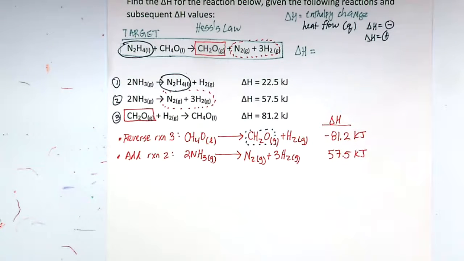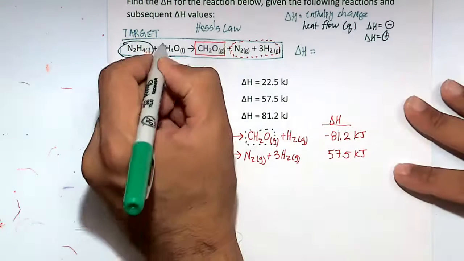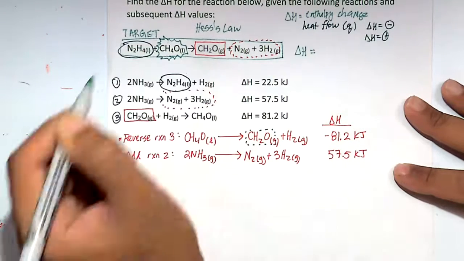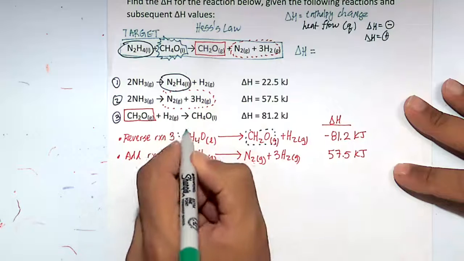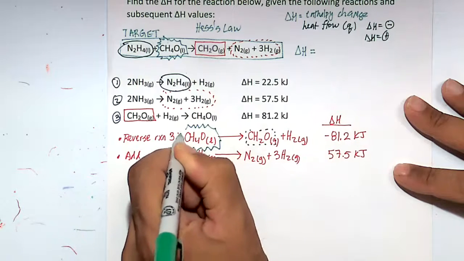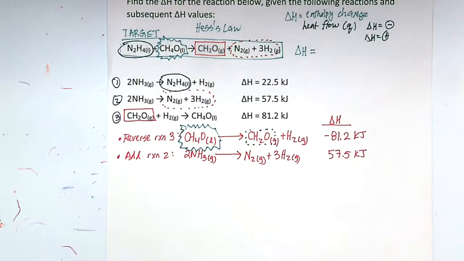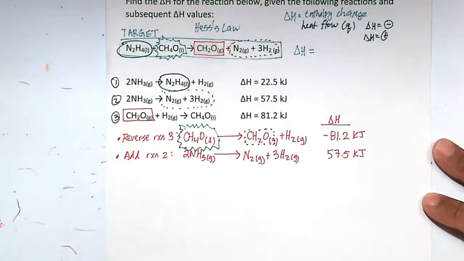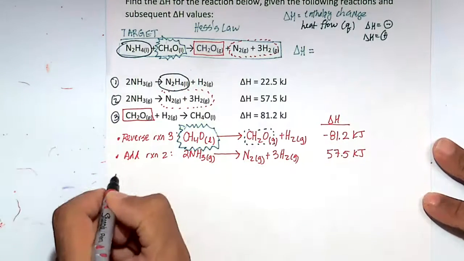The CH4O liquid here, it's on the reactant side of my target. And it's on the reactant side of my target too. You see here? So maybe some of you can see this. My next step here is I'm going to flip reaction 1. Okay, reverse reaction 1.